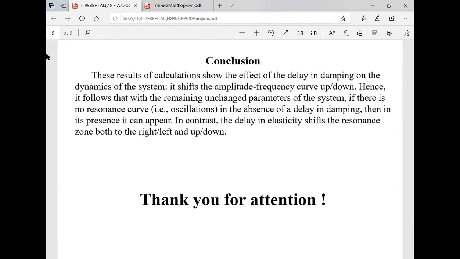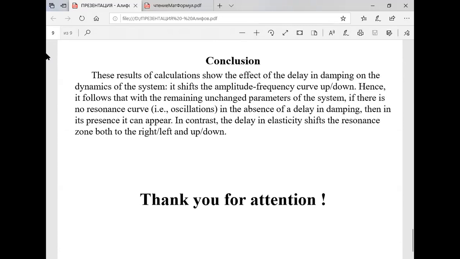Conclusion. These results of calculations show the effect of the delay in damping on the dynamics of the system. It shifts the amplitude frequency curve up or down.